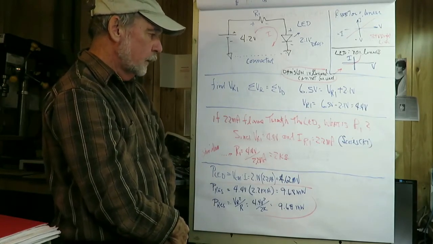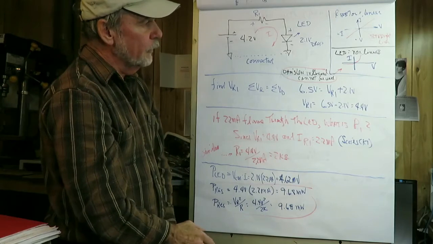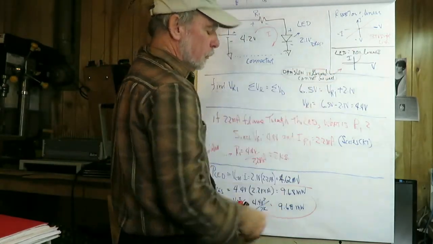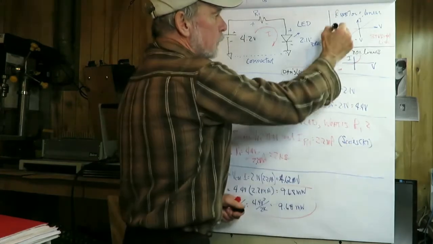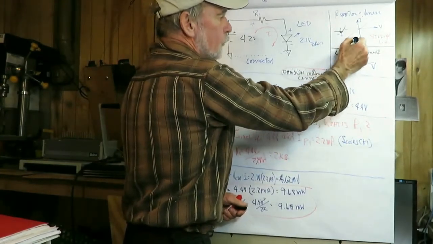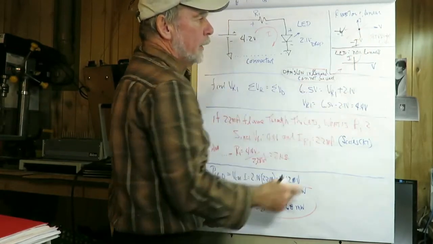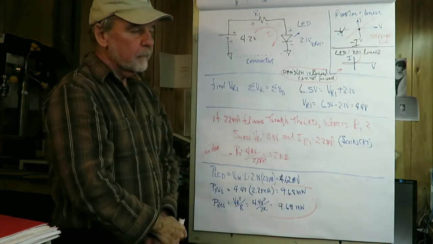So let's take a look at Ohm's law here. Here's V, negative V. Oops, got that kind of backward here. This is negative V and this is negative I. And Ohm's law is a straight line which goes through the origin.